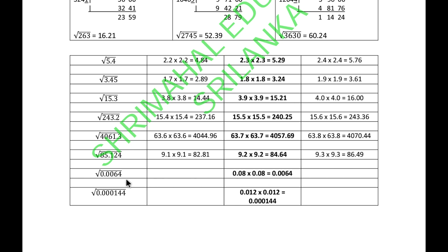So they give some such numbers, like those come under tables. Then this is 0.000144. So you can write 144 over 1 million. So it's like 12 to the power 2 over 1000 to the power 2. So that is 12 divided by 1000, 0.012. So this value is 0.012.